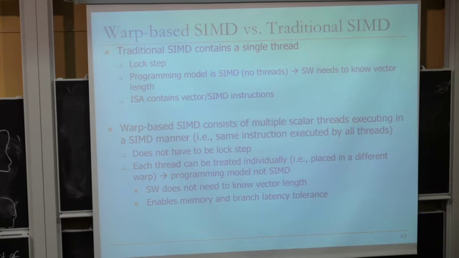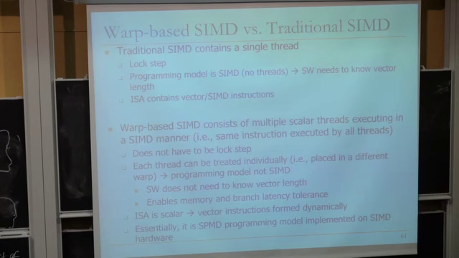You can actually take a thread and place it in a different warp. Software doesn't need to know the vector length, and this enables some memory and branch latency tolerance that I will not go into. And the ISA is actually scalar. This is one key distinction. Vector instructions are being formed dynamically.